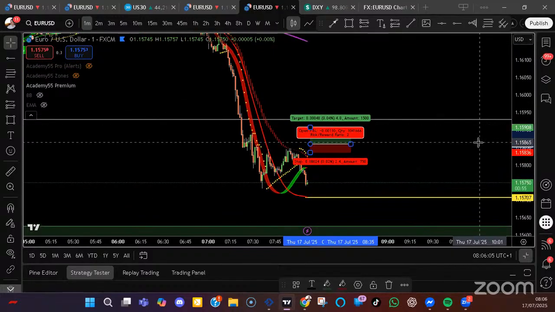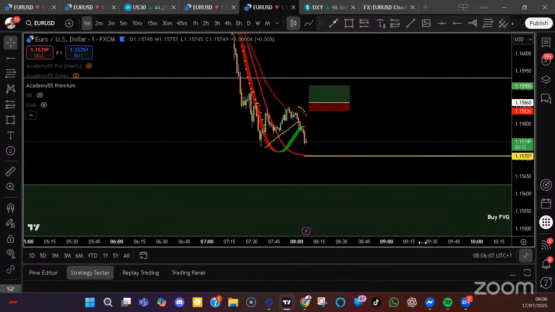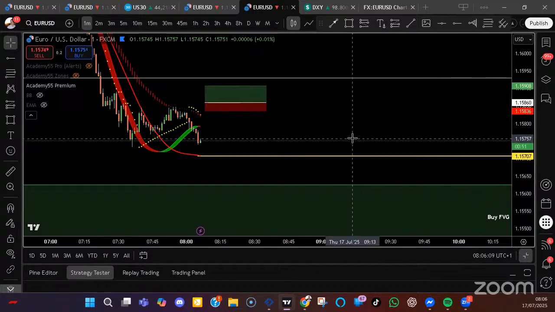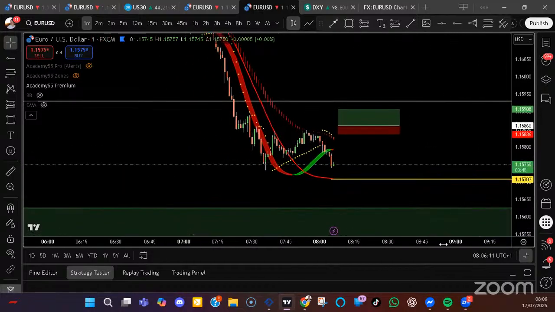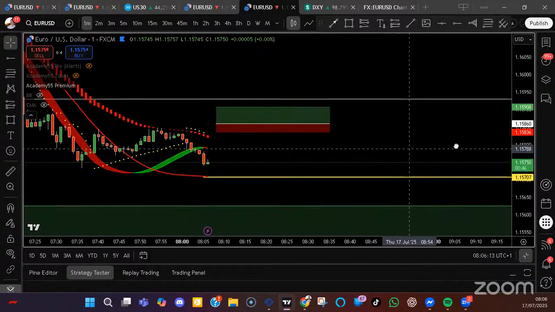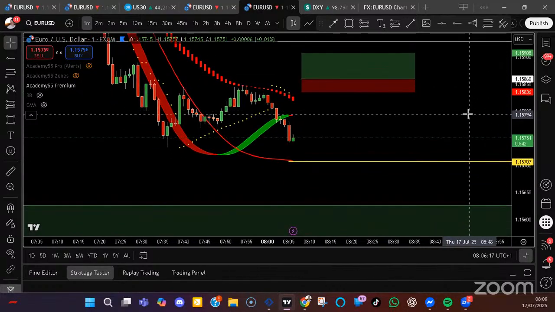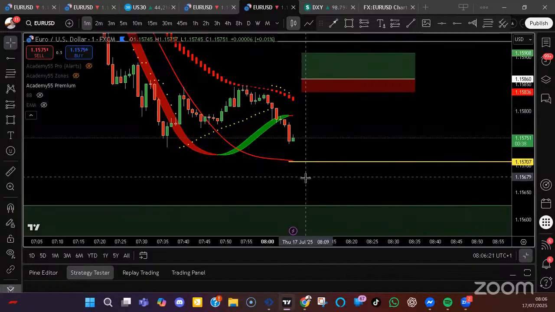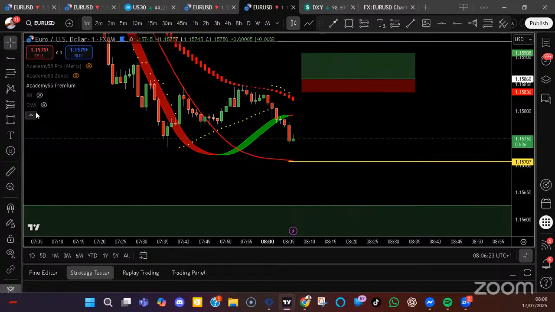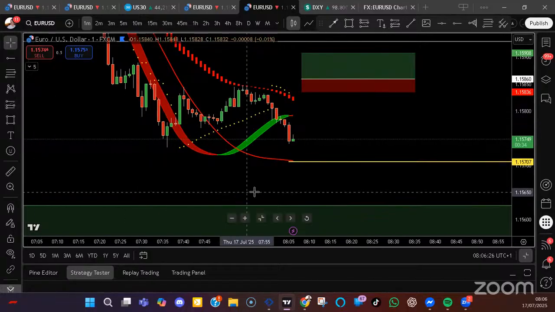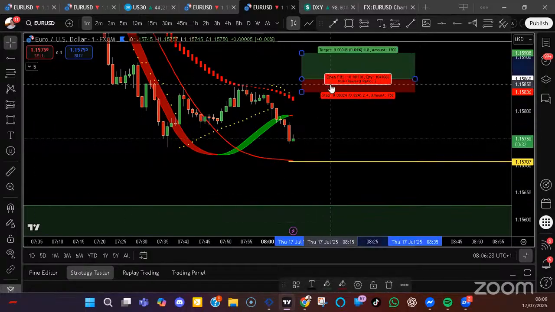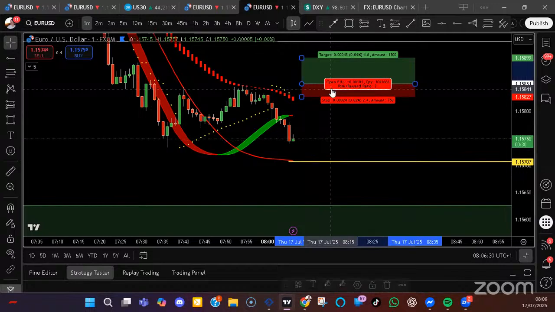As we can see, we are coming up to, it's all over the place. I'm trying to make it big so you guys can see that. Is price going to get into the buy zone down here? Give us a better confirmation of when it does.